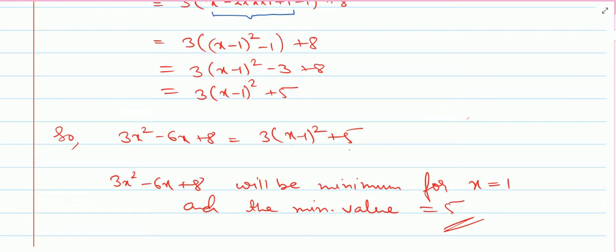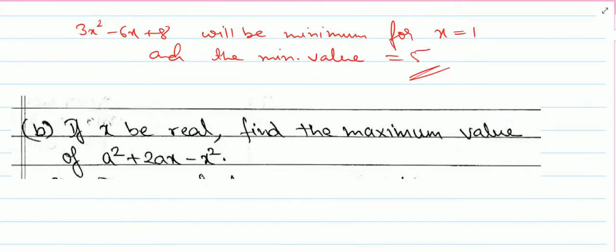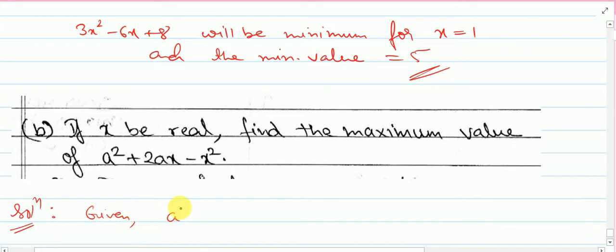Now we will see question number B. So here it says if x be real, find the maximum value of a square plus 2ax minus x square. Solution. Given a square plus 2ax minus x square, and x is real.